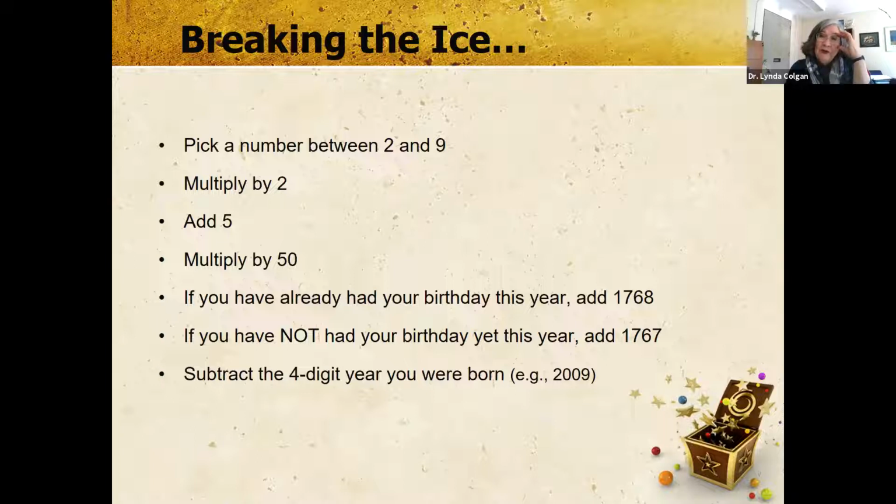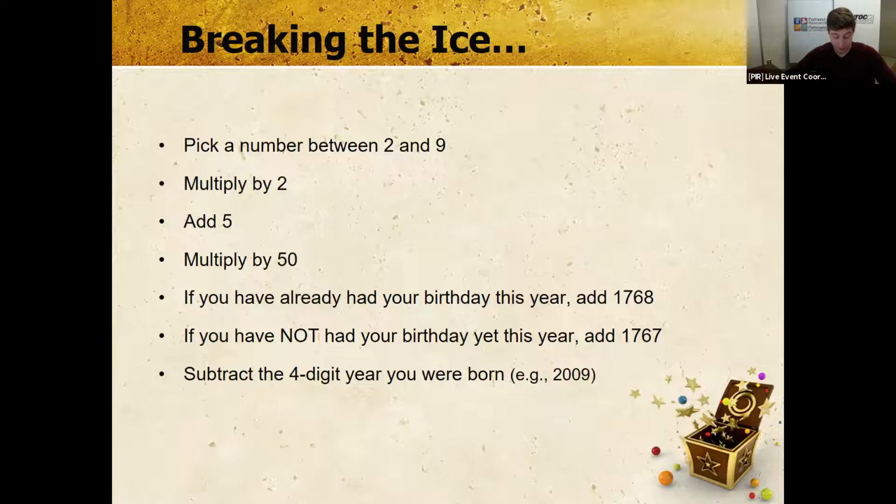If you follow those steps correctly, you should have a 3-digit number in front of you, either on your calculator or on your paper. The first number should be the secret number that you picked at the beginning, and the last two numbers should be your age.